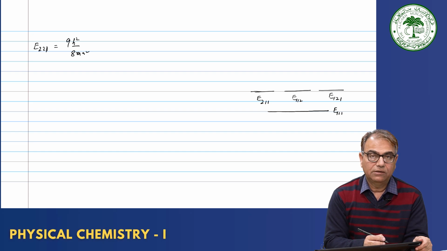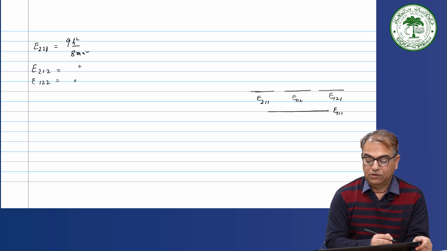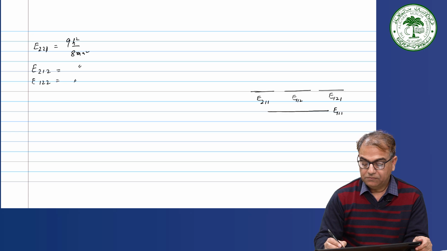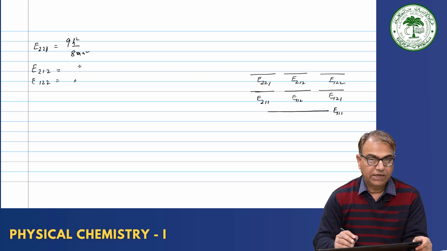And what could be the other alternative forms? It could be 2, 1, 2 and it could be 1, 2, 2. So all of these will have the same energy. So again you will have 3 energy levels: E221, E212 and E122. Okay.